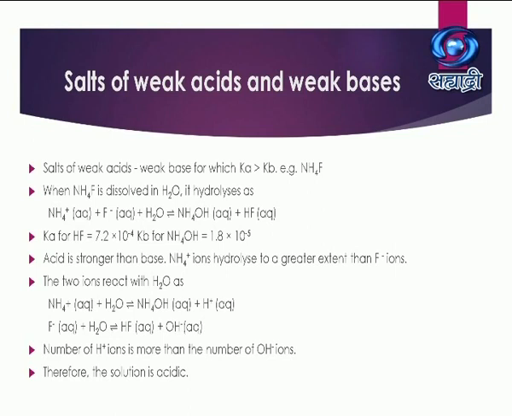And so the two equations are NH4 plus plus H2O reversibly gives NH4OH plus H plus, and F minus plus H2O reversibly gives HF plus OH minus. Now since the acid is stronger than the base, that is Ka is greater than Kb, what happens? The number of H plus ions is more than the number of OH minus ions. So this solution is acidic to litmus.